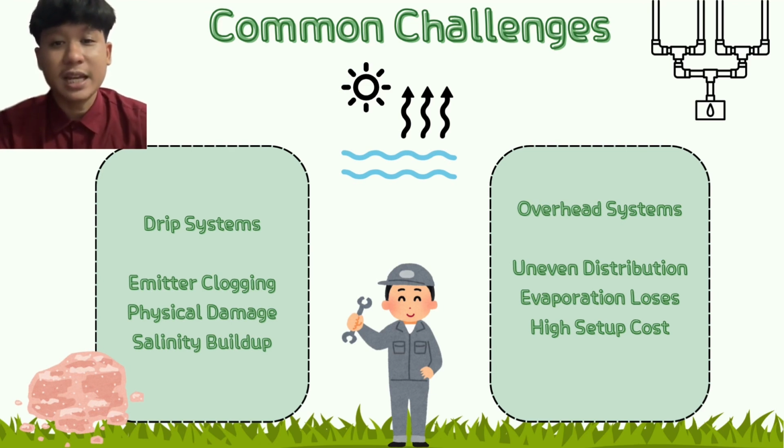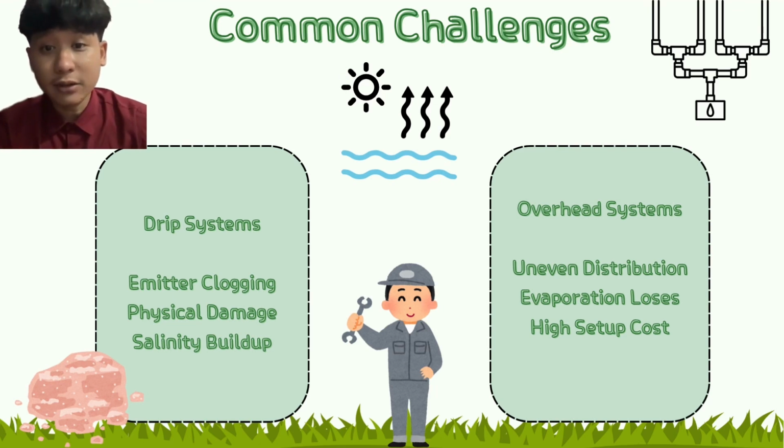Physical damage can happen from external factors like animals chewing through tubing or machinery running over the system. This leads to leaks, which waste water and reduce system efficiency. Regular inspections and repairs are necessary to keep the system functioning properly and avoid increased water usage.